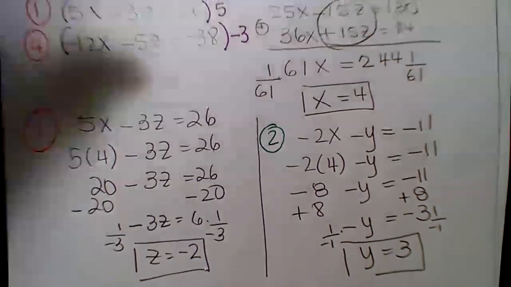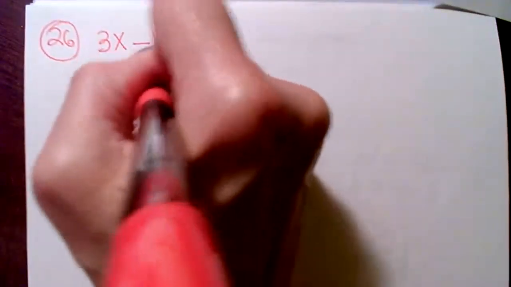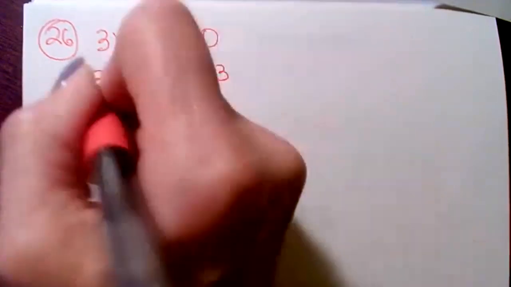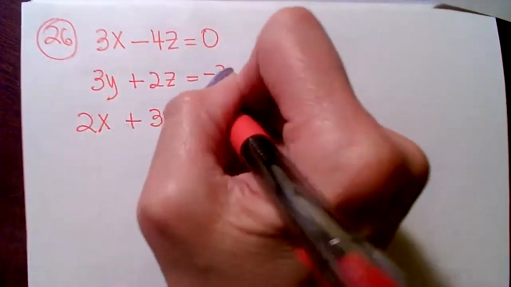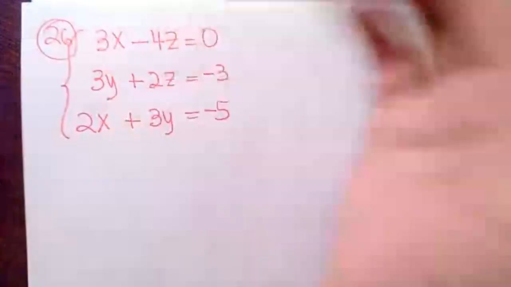Let me do 26. So 26 says 3x minus 4z equals 0. 3y... Yeah, that's what we have.